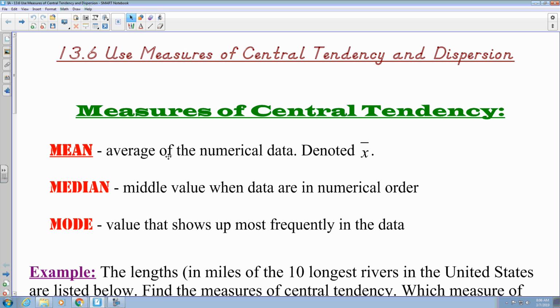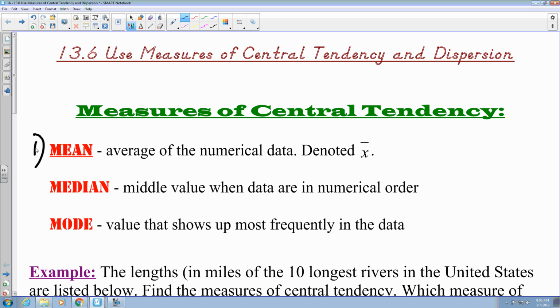We have three terms that allow us to find the central tendencies of a certain data set. The first one is the mean. The mean is probably the most common central tendency because it tells you the average of the numerical values in the data set.